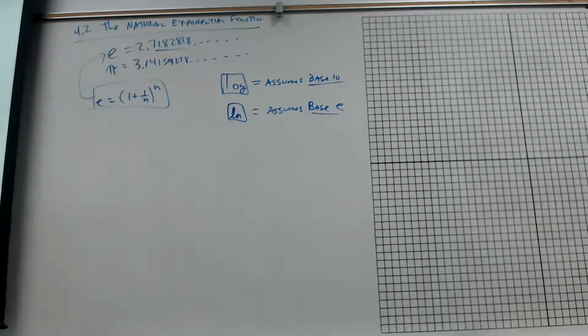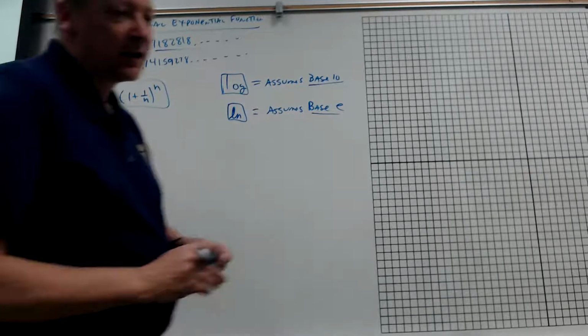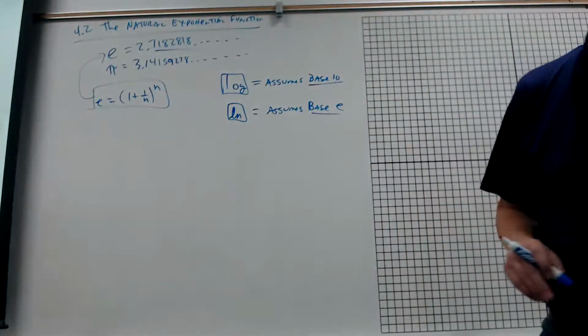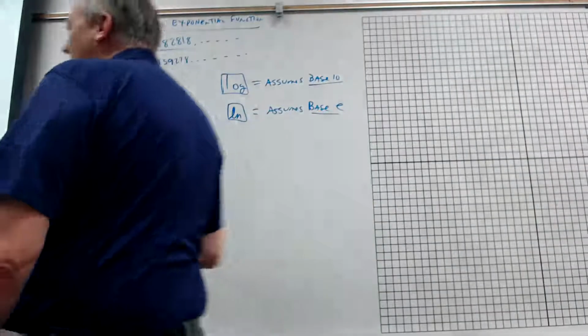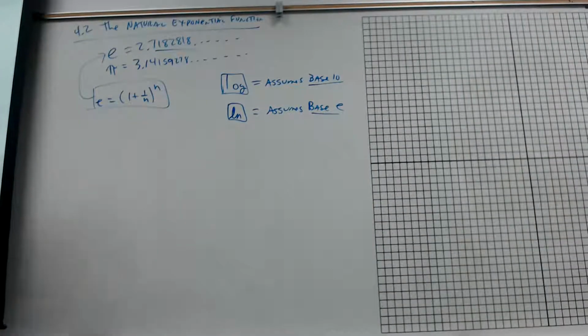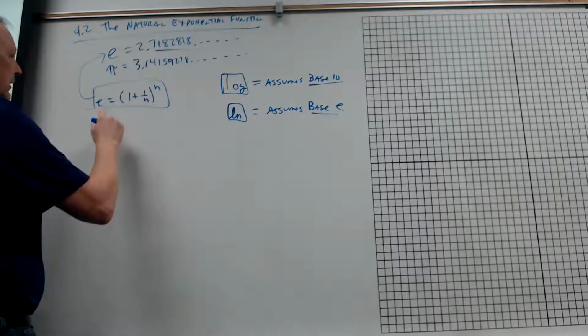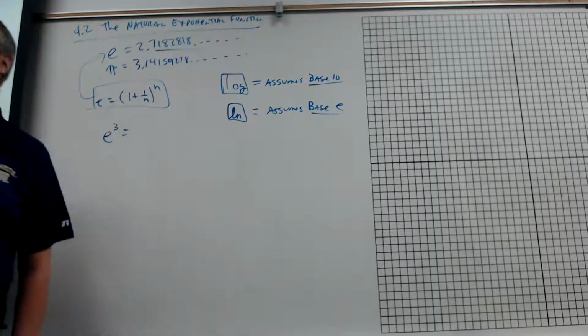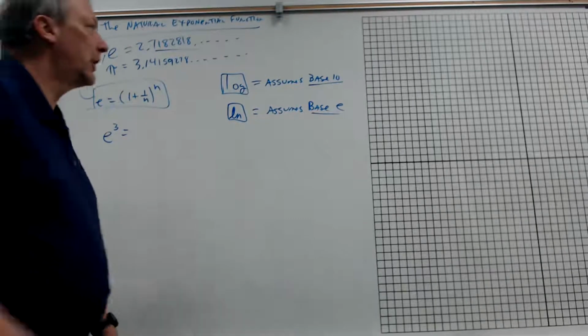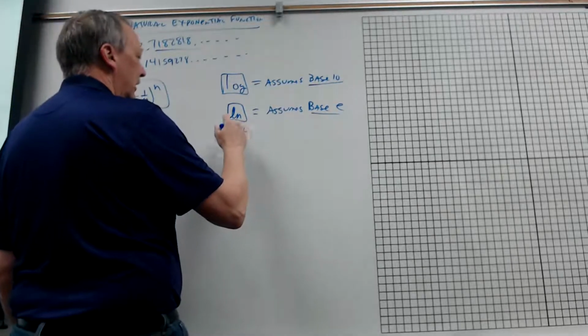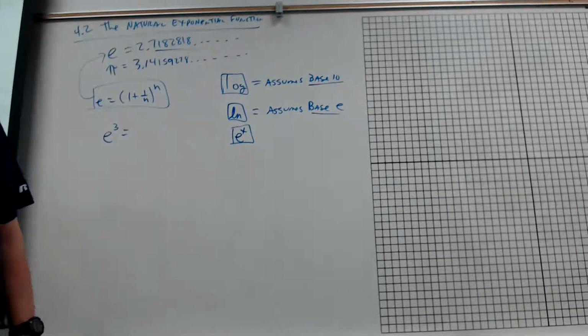Okay? All right, so what I'm curious is, can you figure out what e to the third power is on your calculator? You should have an e to the x button. Hopefully you do.